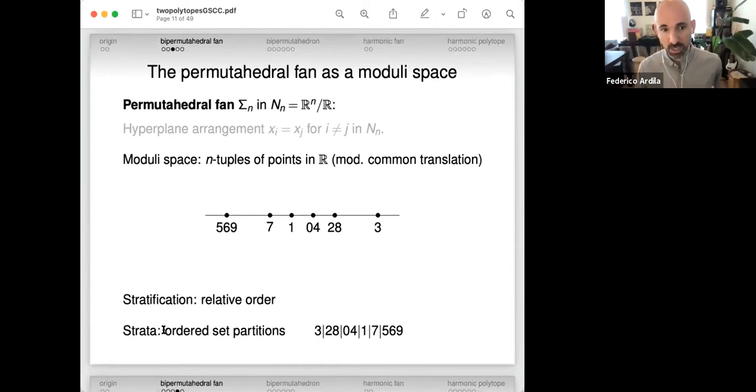And the strata, again, are ordered set partitions, okay? Where I basically go from right to left and I say 3 is the biggest, then 2 and 8 are tied, then 0 and 4 are tied, and so on. Okay. So this is how I want to think about this permutahedral fan as a moduli space.